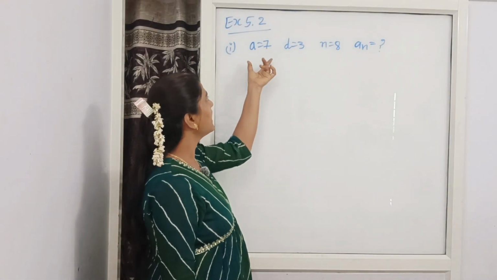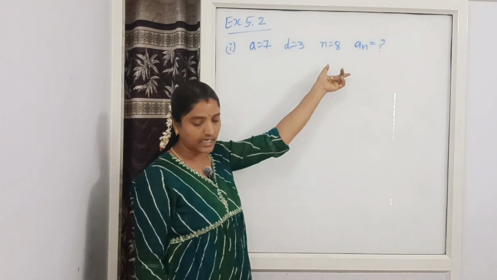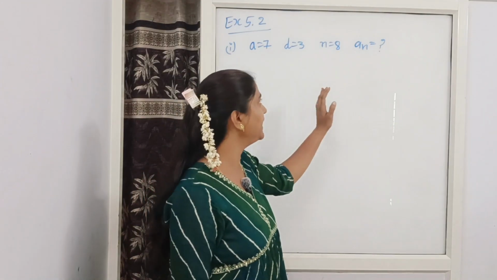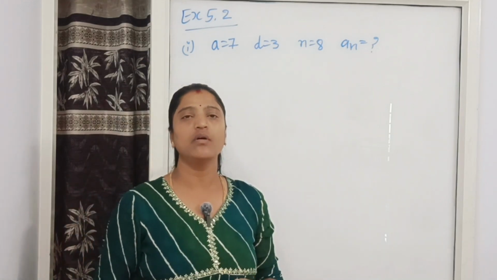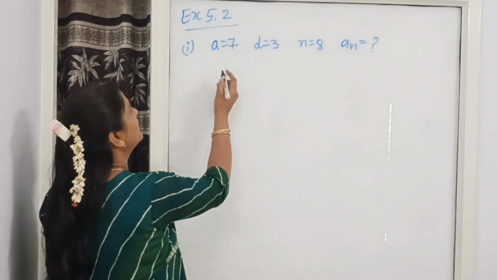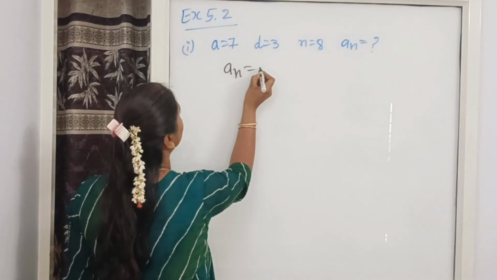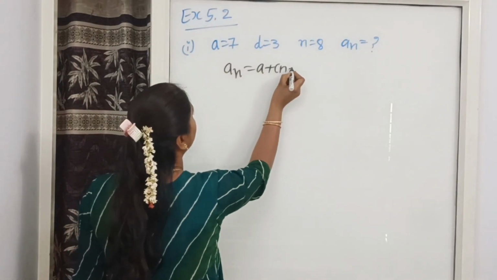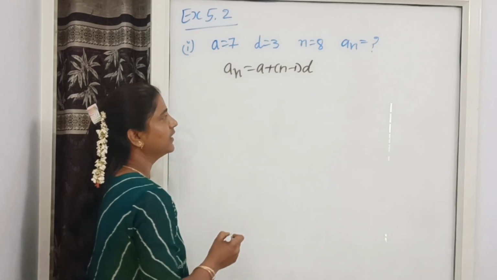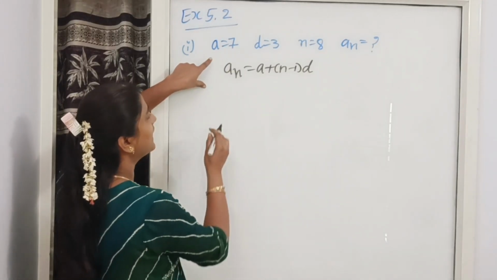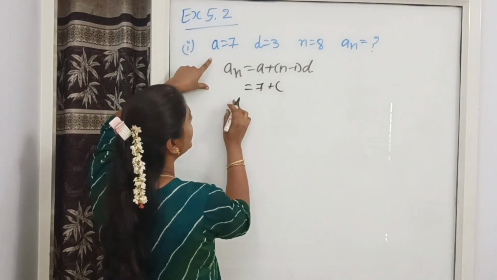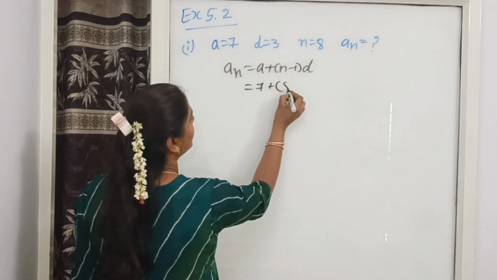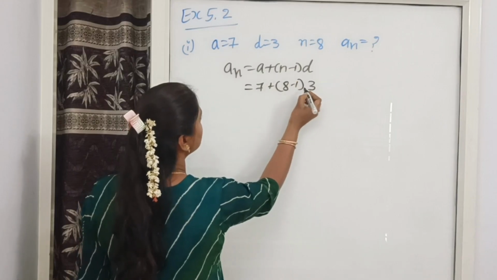The first one is A equal to 7, D equal to 3 and N equal to 8, and we need to find the nth term. I already said in my introduction video the nth term formula: an is equal to A plus n minus 1 into D. So A is 7, n is 8, so n minus 1 is 8 minus 1, and D is 3.